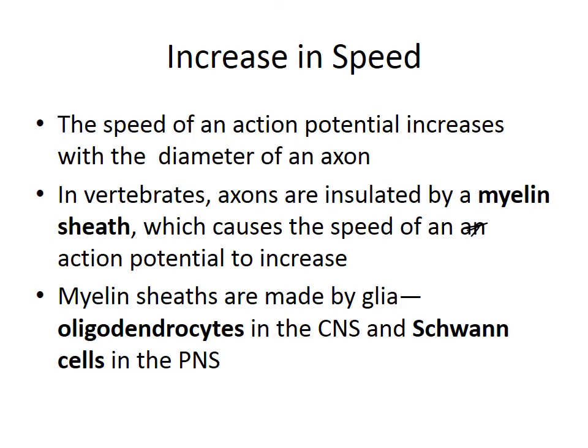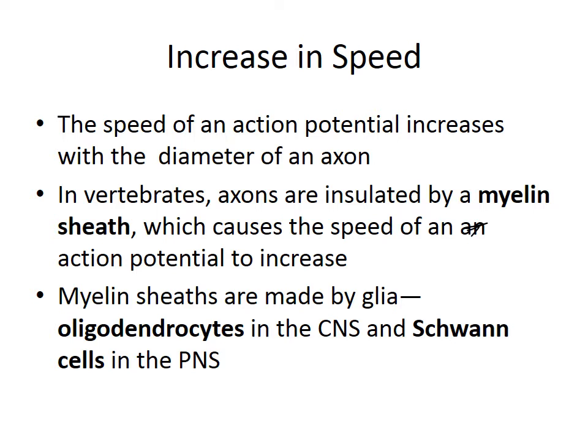So we have myelin sheaths which are fat, and they're not going to conduct the electrical signal. Otherwise, everything around it would be zapped. So we don't want that, and we want the signal not to degrade. We want it to go in one direction. So to protect that, there is a layer of fat around the axon, so that the action potential can only travel one way and also not get degraded along the way.